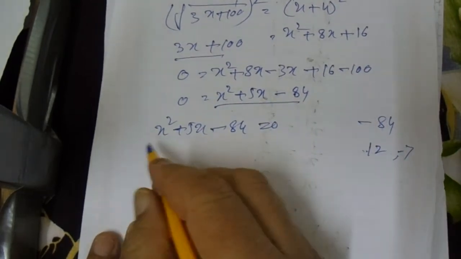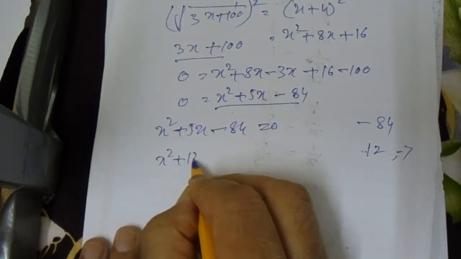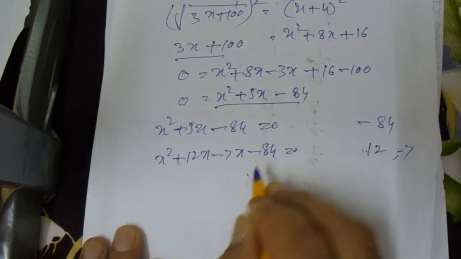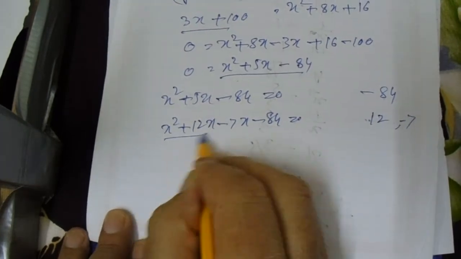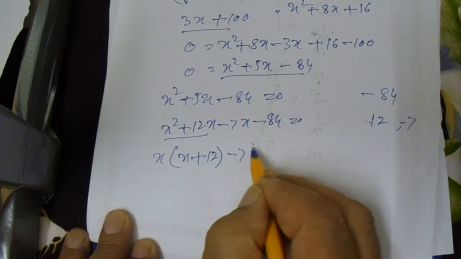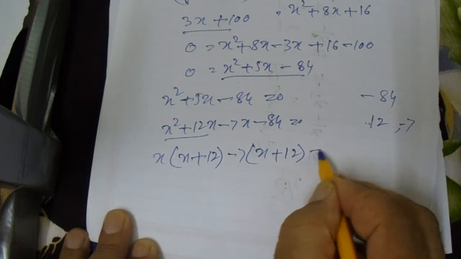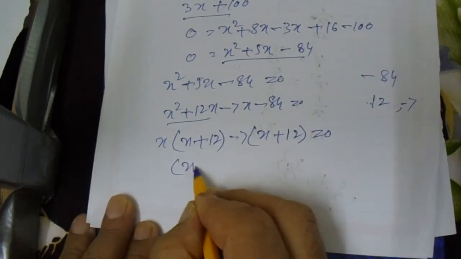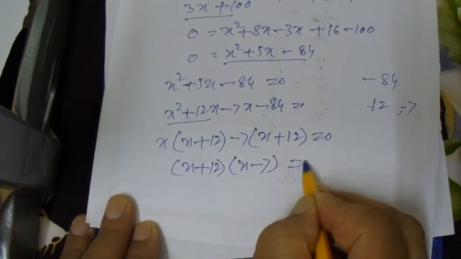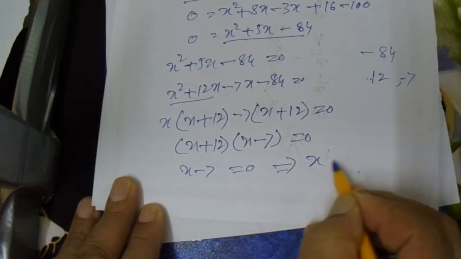We write here x square plus 12x minus 7x minus 84 is equal to 0, and we take x as a common, x plus 12, and now here minus 7 and x plus 12 is equal to 0. Now we have two factors, x plus 12 and x minus 7 is equal to 0. Here x minus 7 is equal to 0, so x is equal to 7.